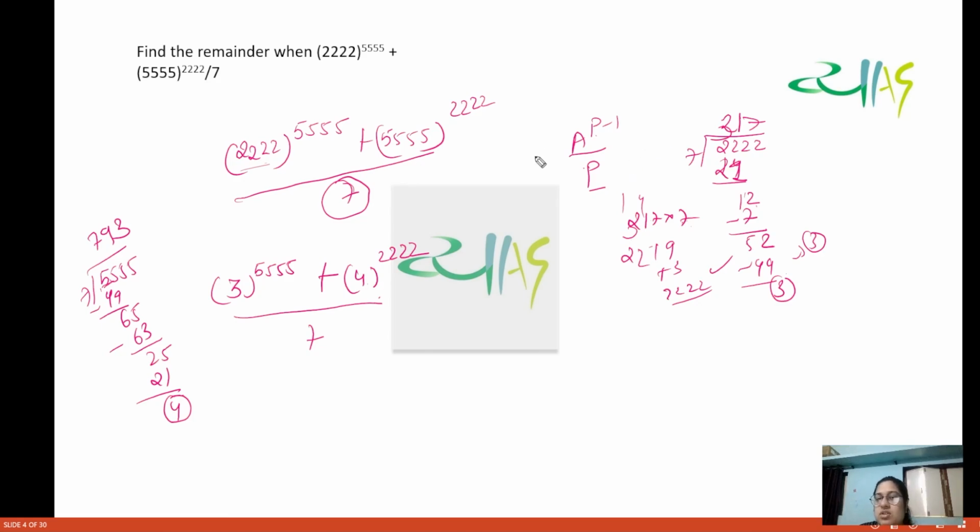Now for multiples it also works. So basically we have to find the factor for 6.